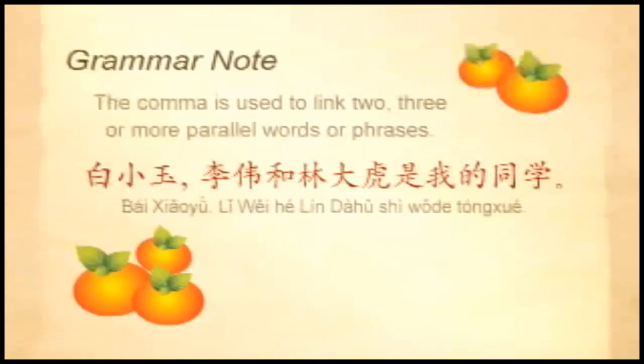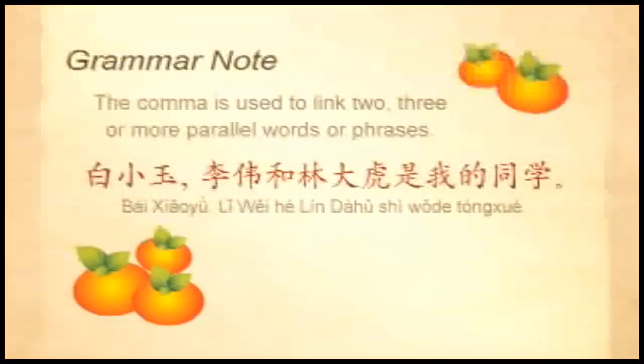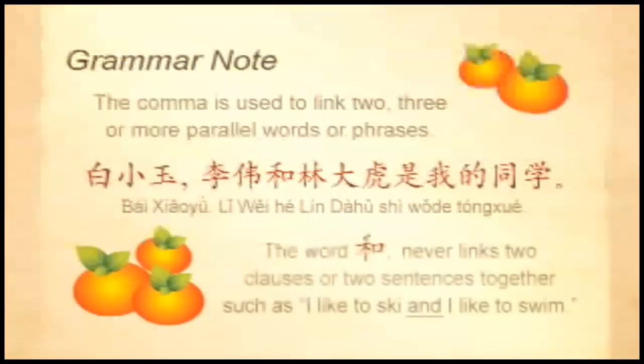The comma links the words together. The word 和 meaning and in this sentence is used in a similar way to English. But in Chinese, the word 和 never links two clauses or two sentences together, such as I like to ski and I like to swim.